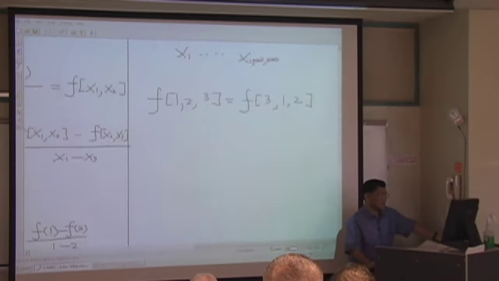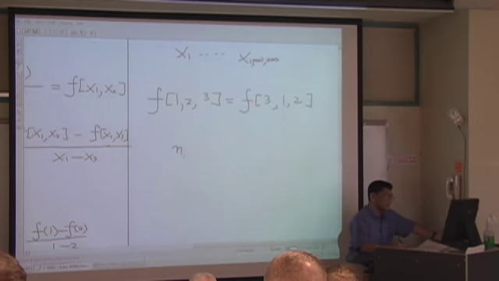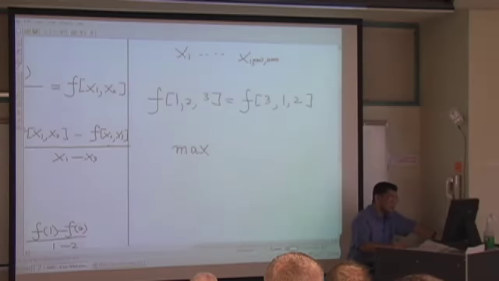Then finally, max. Max comes from this idea: maximum magnitude. So I will write it this way. It usually comes from complex numbers.